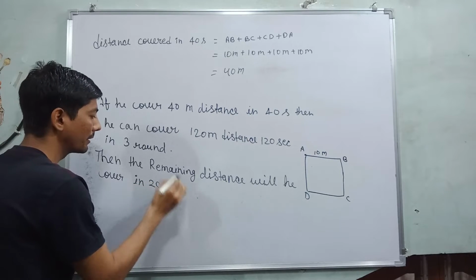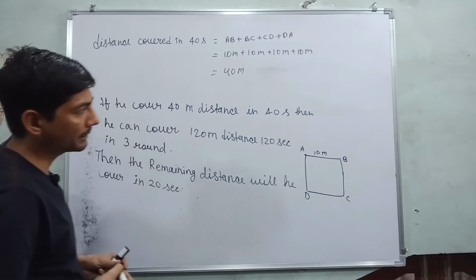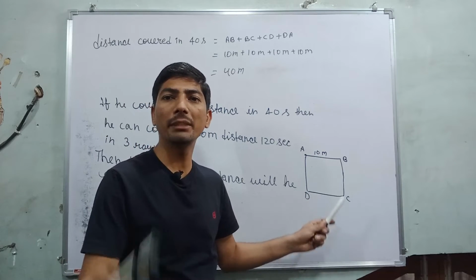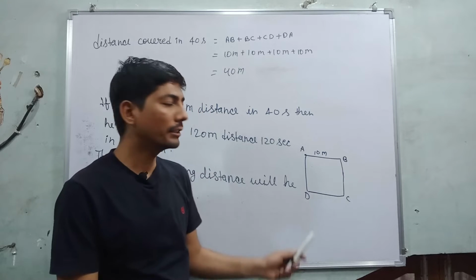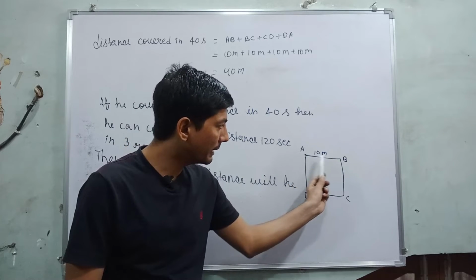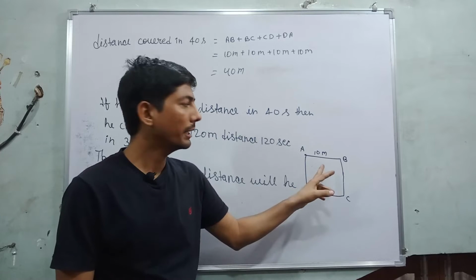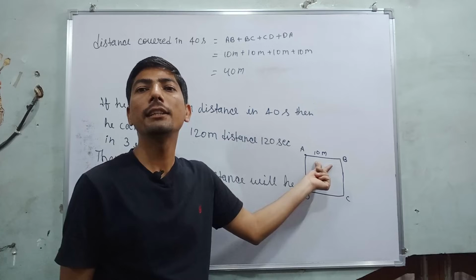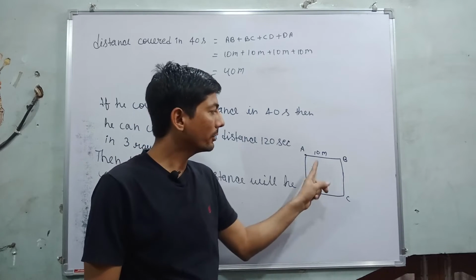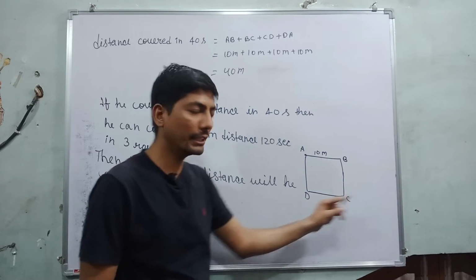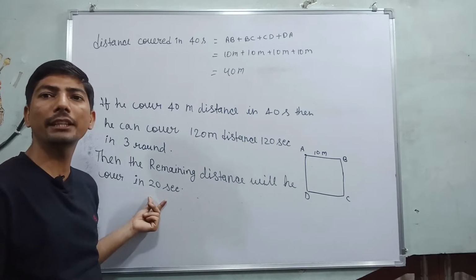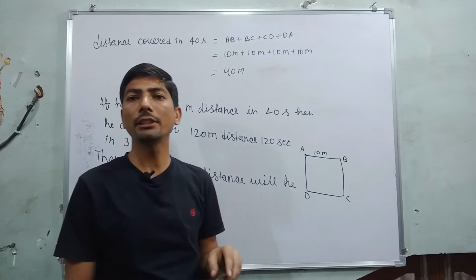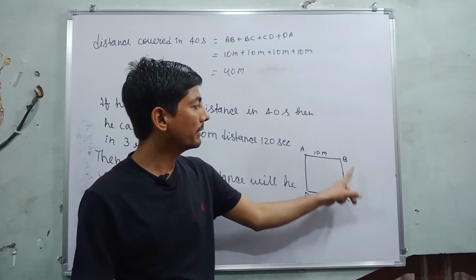Okay, if he covers 40 meter distance in 40 seconds, then he covers 1 meter distance in 1 second, and in 10 seconds he covers 10 meter distance. Means if he moves one side, AB equal to 10 meter, he will take 10 seconds. So 10 seconds here and 10 seconds here. He will cover only two sides of the square in 20 seconds, either this or this.